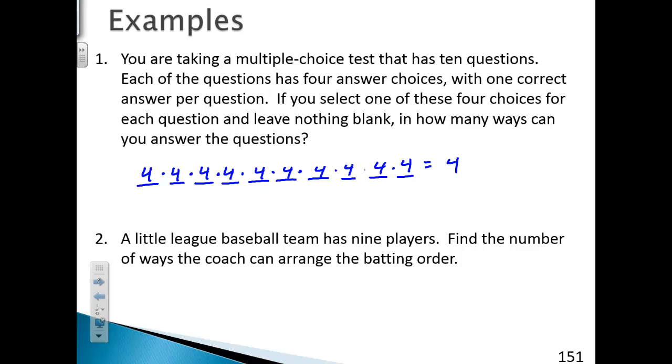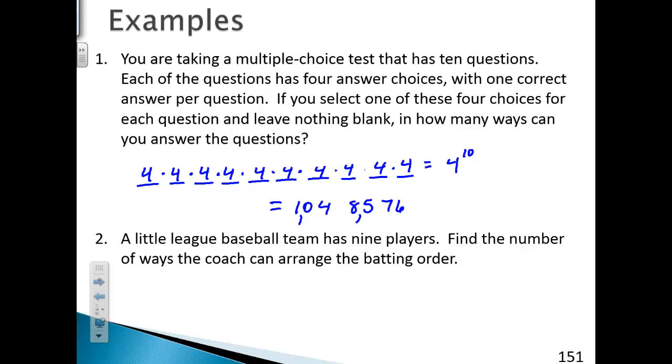We can write that as 4 to the 10th. And 4 to the 10th, just using our calculator, is 1,048,576. So that is a lot of ways to answer a 10-question multiple choice test.